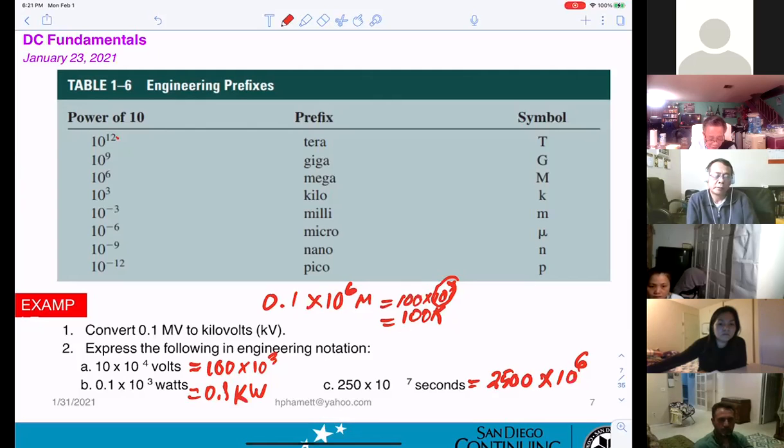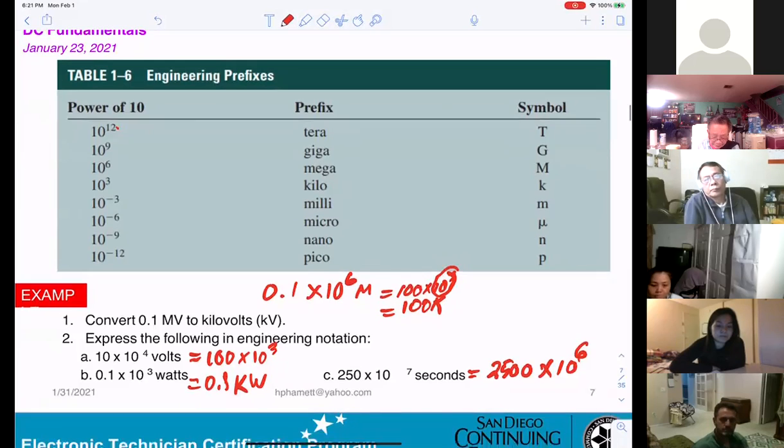Okay, that's okay, you can change it. But what I try to bring up here is they want engineering prefix. That means the power must be 12 or 9 or 6 or 3, or -3, -6, -9. That's the only thing they want.